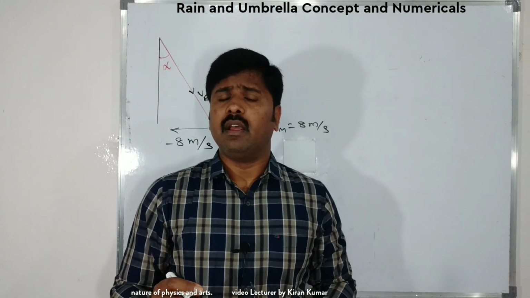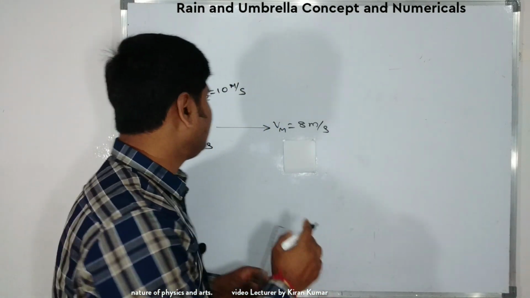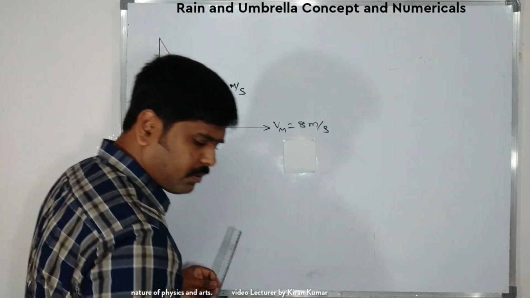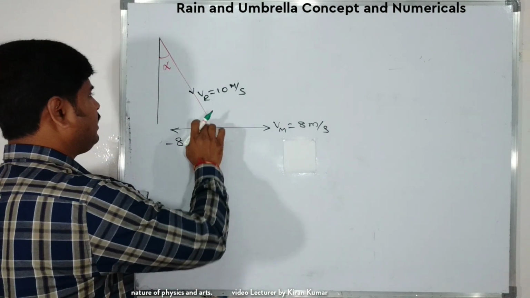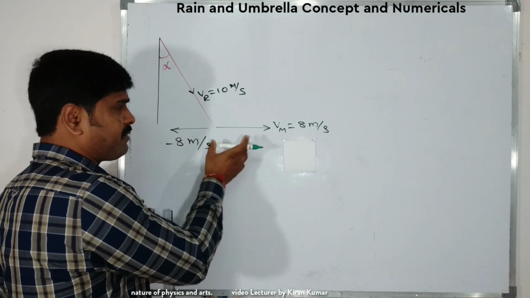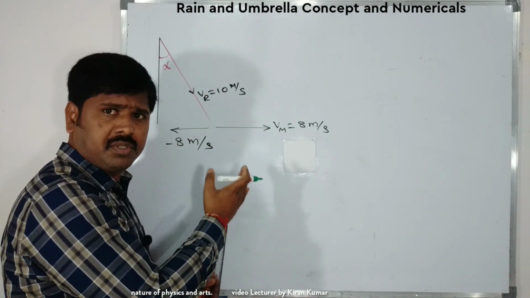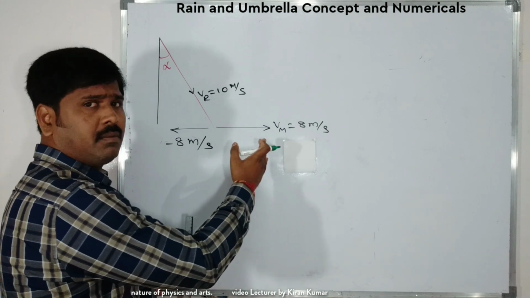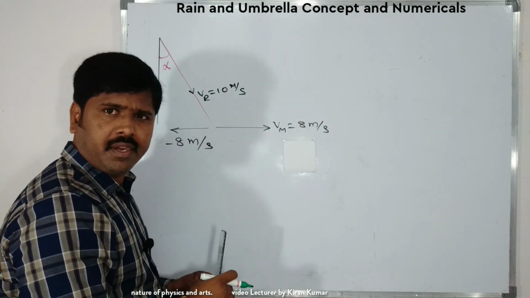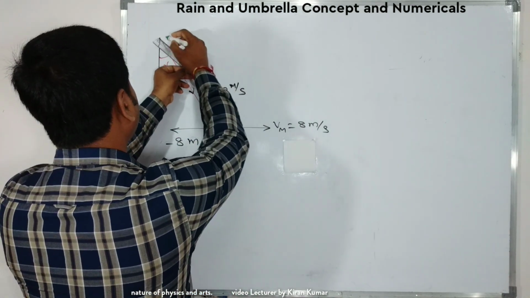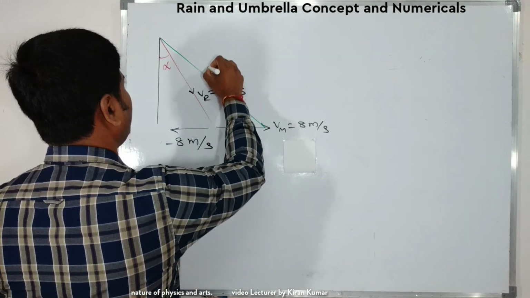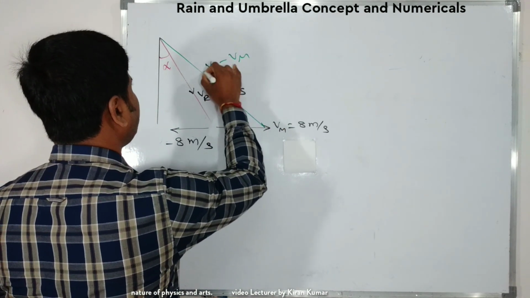Here the resultant direction of the umbrella must be on the right side of Vr, the velocity of the rain. Because in the previous cases the man was moving from left side to right. In this question, the girl is moving from right side to left side, that is east to west direction. Okay, so we can take this as the resultant direction, that is Vr minus Vm.